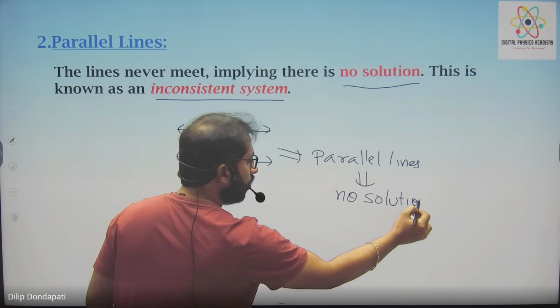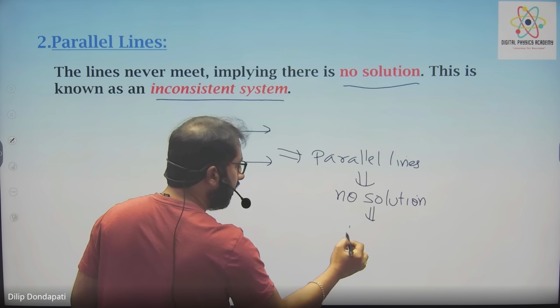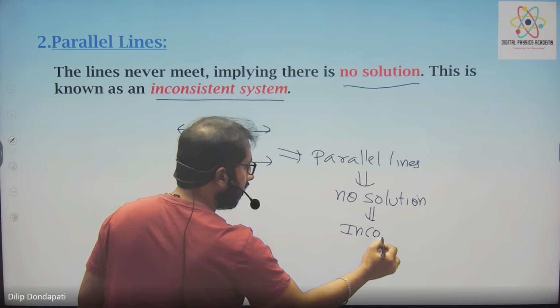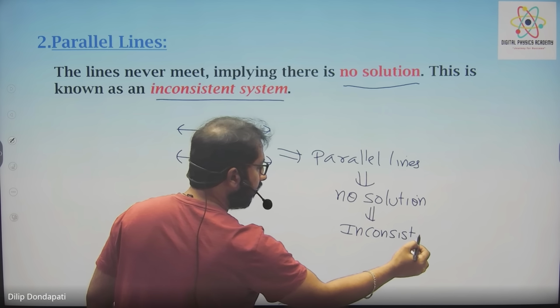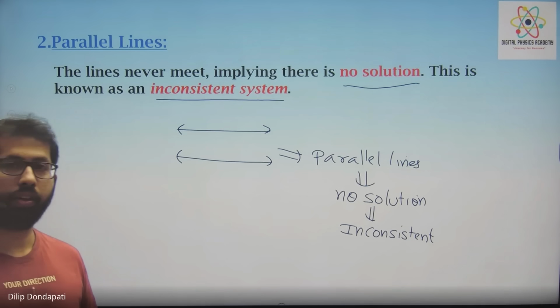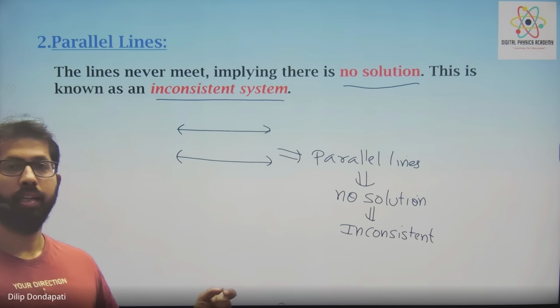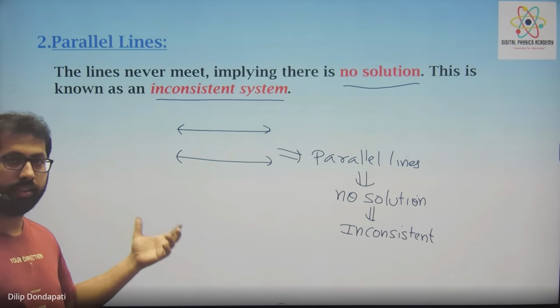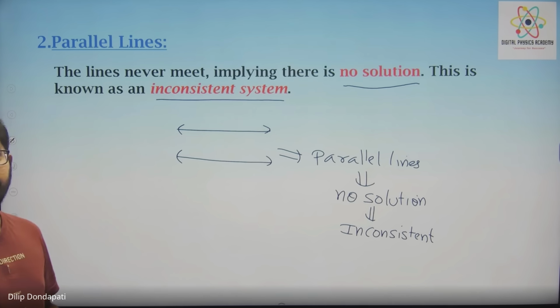Since there is no solution, it is called inconsistent. So after drawing the graph, we can tell whether the system is consistent or inconsistent.